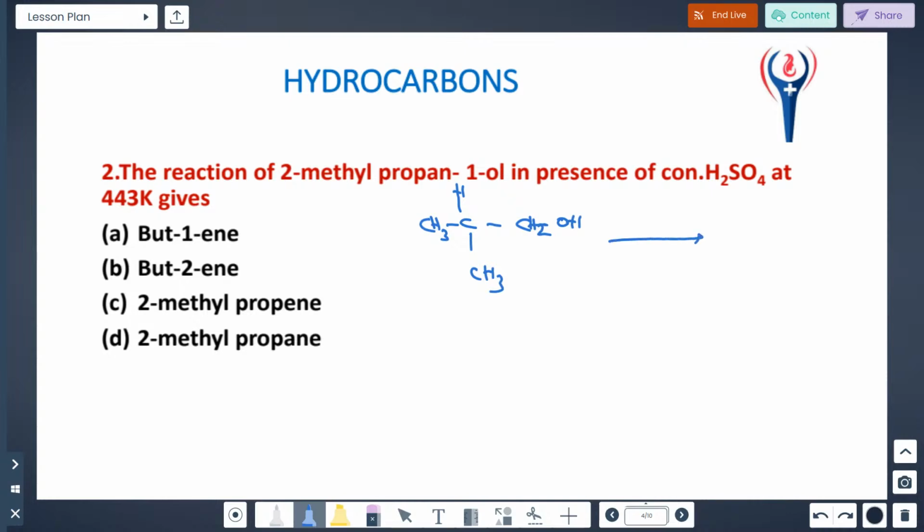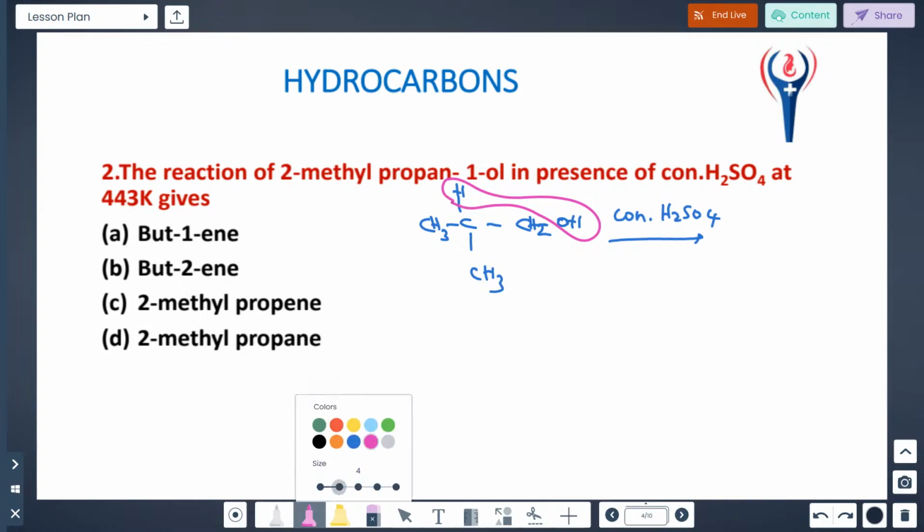Concentrated sulfuric acid is a dehydrating agent that removes a water molecule from the compound. Here the OH takes a hydrogen from the beta carbon and is removed, so a double bond forms between the two carbons.